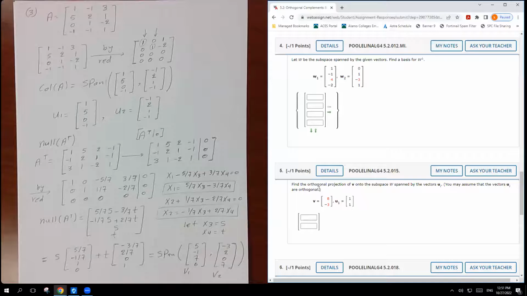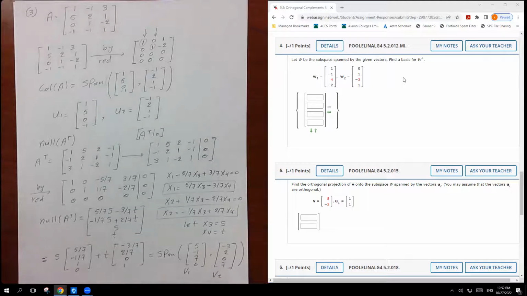So example 4, they're telling you, let W be a subspace spanned by the given vectors, W1 and W2. Find a basis for W complement. Let's check how we're going to find the basis of W complement.